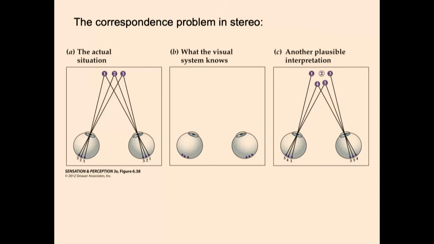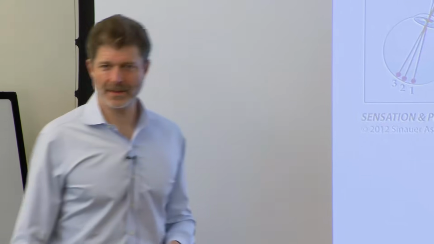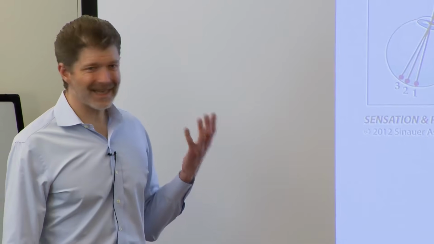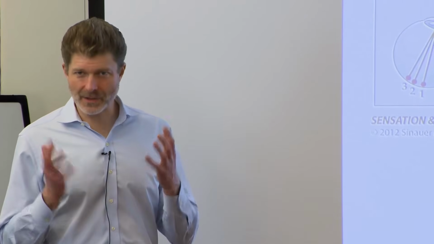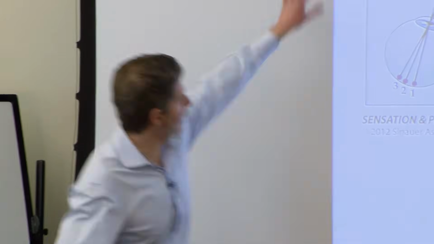Here's another example to illustrate the correspondence problem. I've been showing you all of these pictures of how points in the world project to points on the retina, and that's a little bit misleading, because when the visual system is making use of binocular information, it doesn't know this.